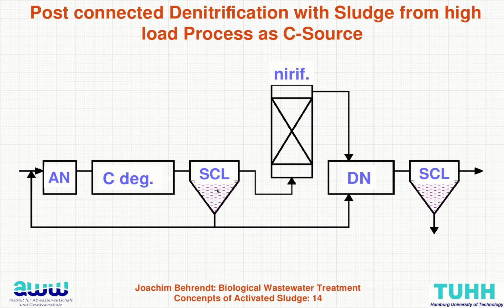We are removing this excess sludge to the denitrification step as well, for denitrification. In many cases there we need to add external carbon sources. And then we have the secondary clarifier. This works also quite nice.